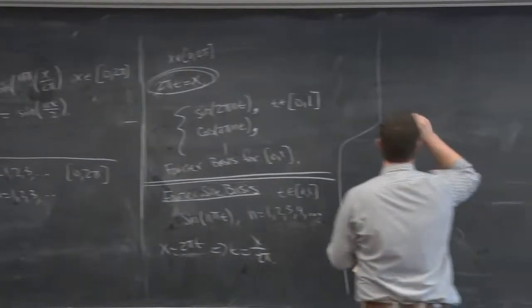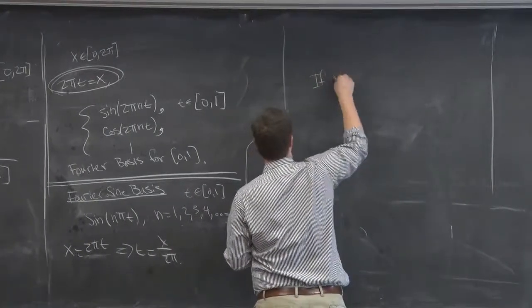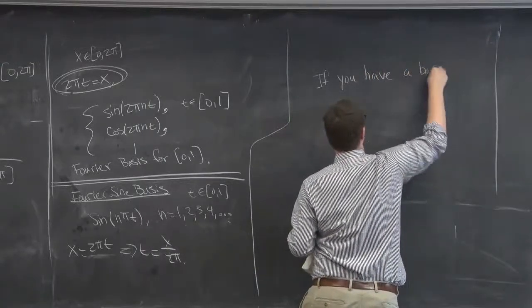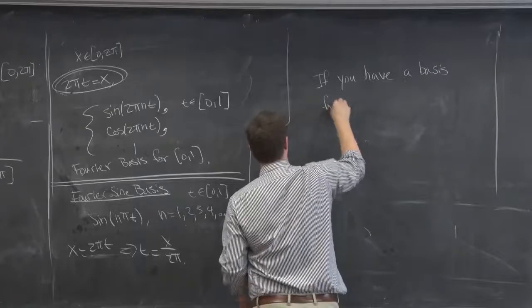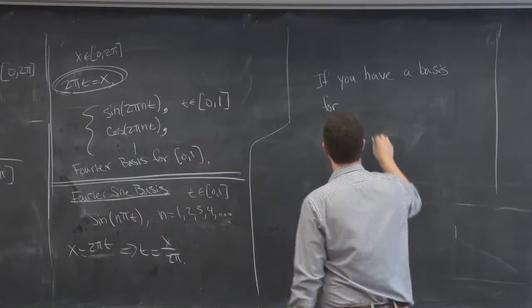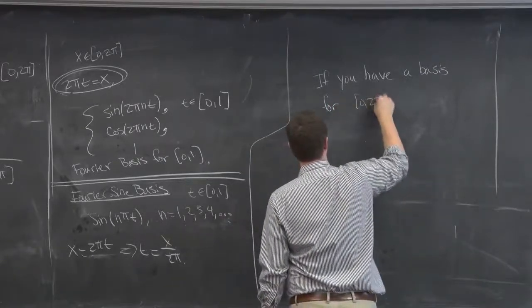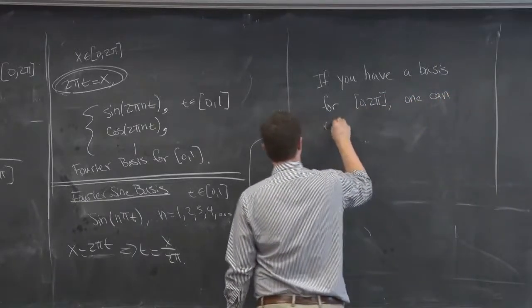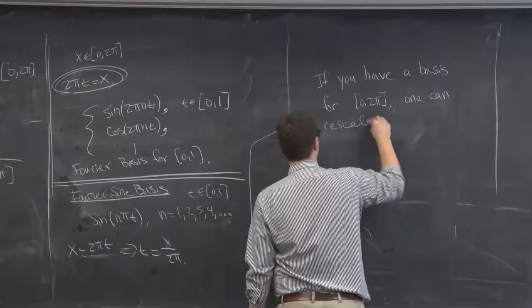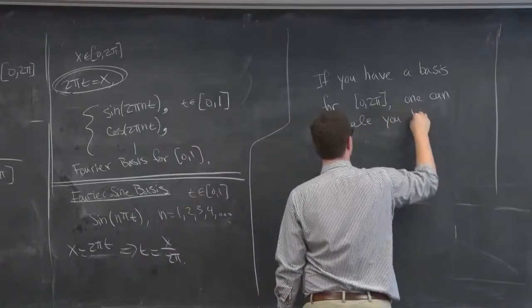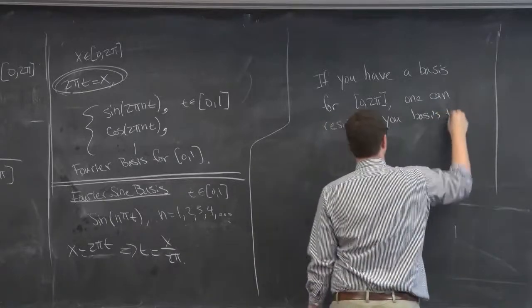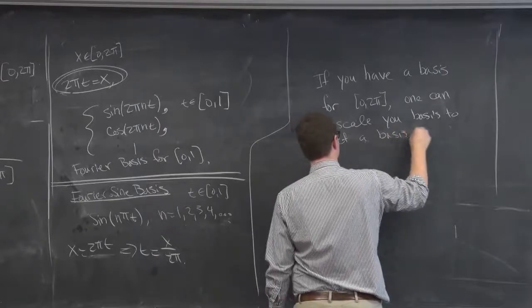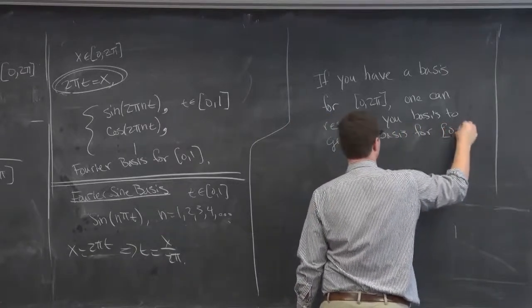Okay. So if you have a basis for, let's say, 0 to 2 pi, one can rescale your basis to get a basis for functions on the interval 0 to 1.